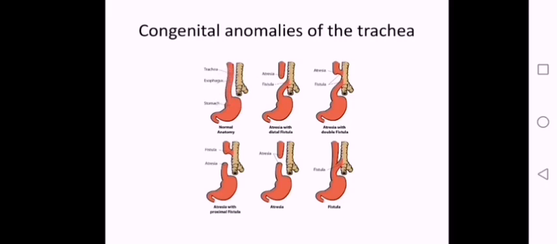So what happens if the septum doesn't continue to separate the trachea and esophagus totally? There will be some forms of congenital anomalies called tracheoesophageal fistula. Fistula means an abnormal pathway between two tubes.